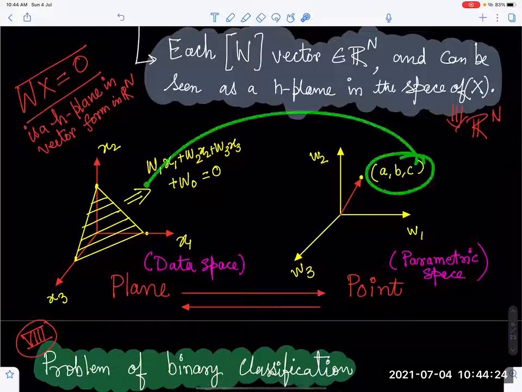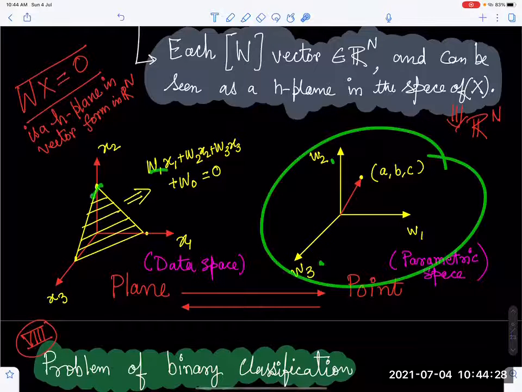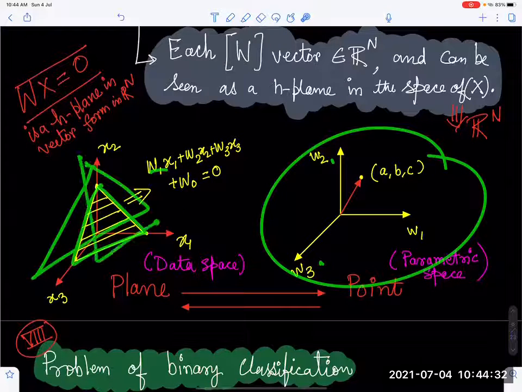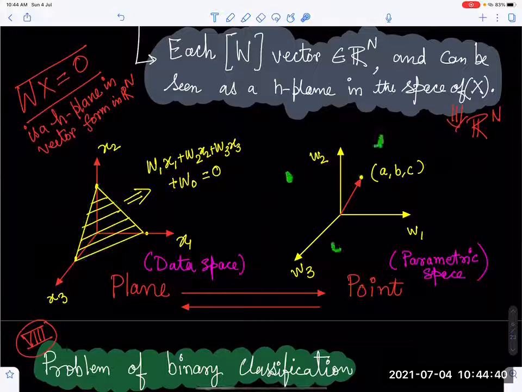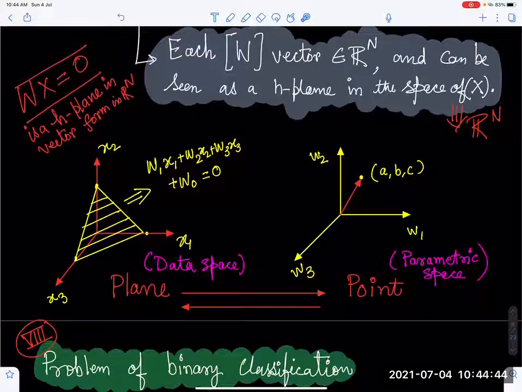It's actually a plane over here, W1, W2, W3. If I change it, right now this is the plane. The next plane will be something like this. If I change it again, the next plane will be something like this. So any point over here is nothing but a plane over here.